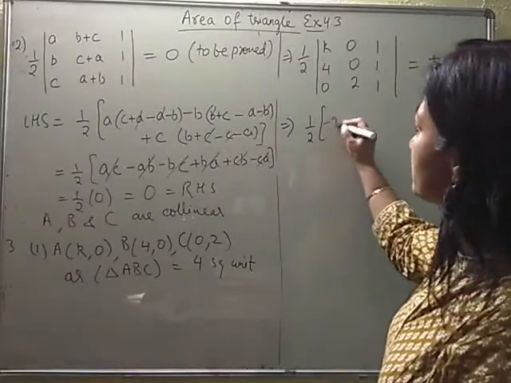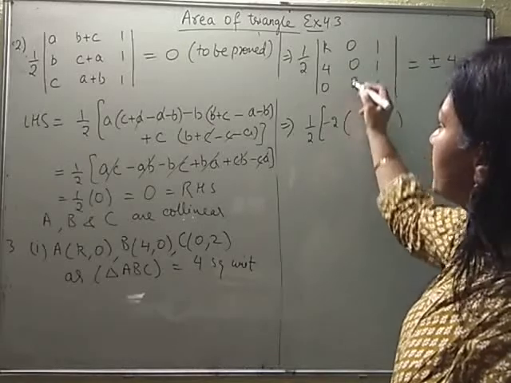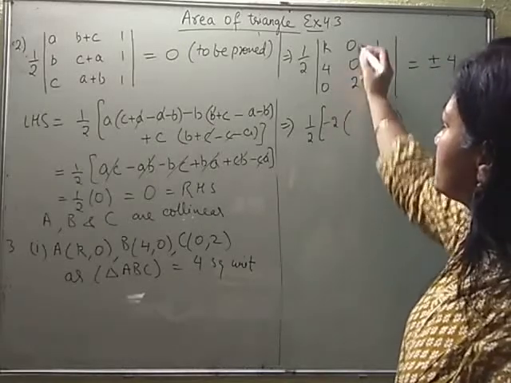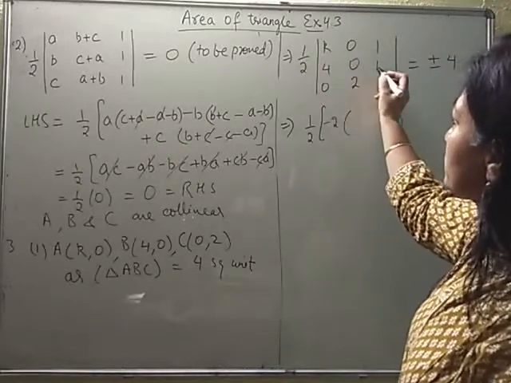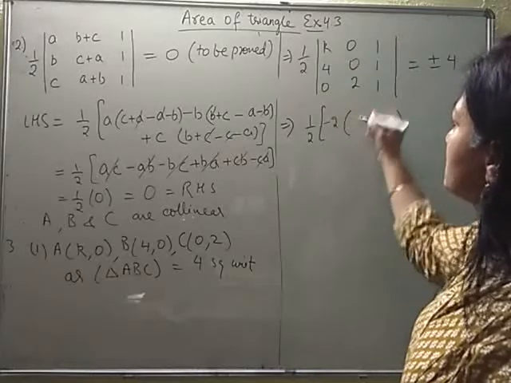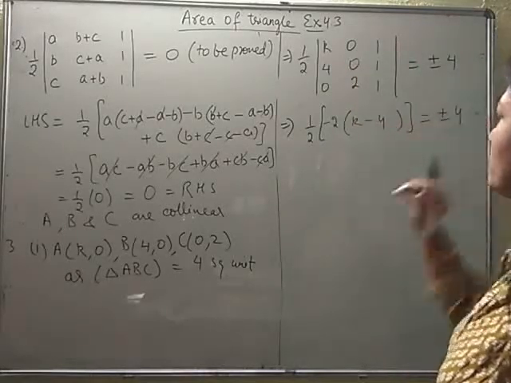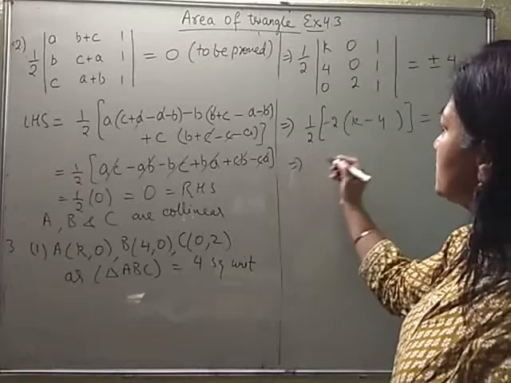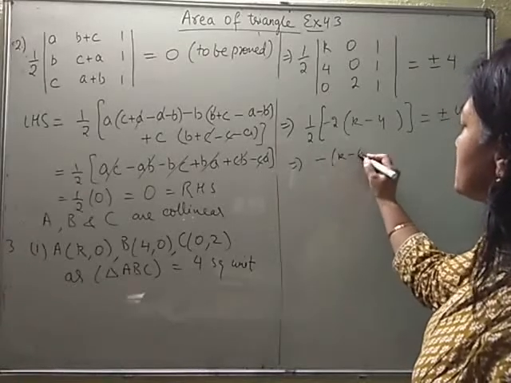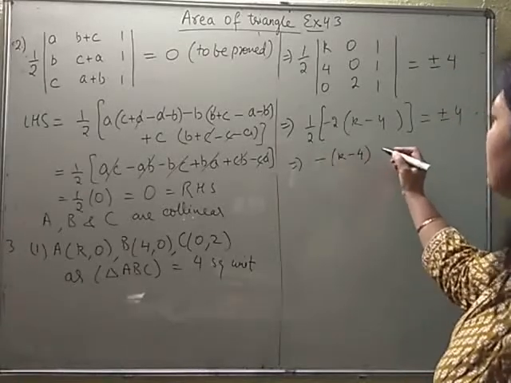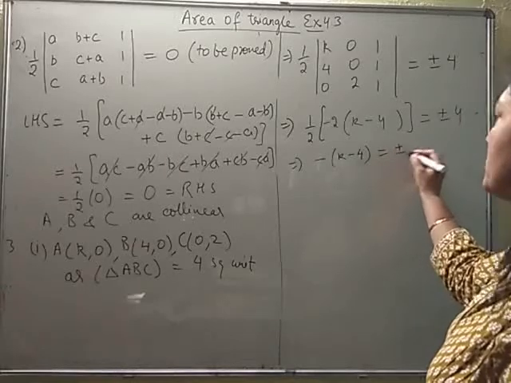So 2 into minus 1 into minus 2, and if I hide its row and column, we are left with the term k minus 4. So this is plus minus 4. 2 we can cancel out. So we are left with minus of k minus 4 is equal to plus minus 4.